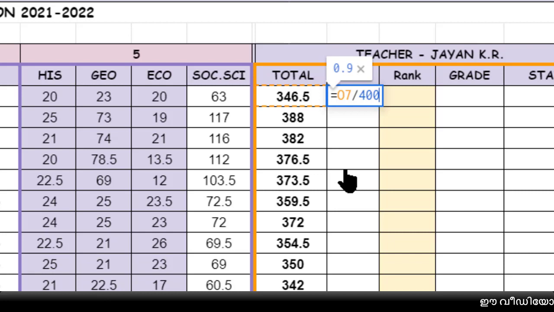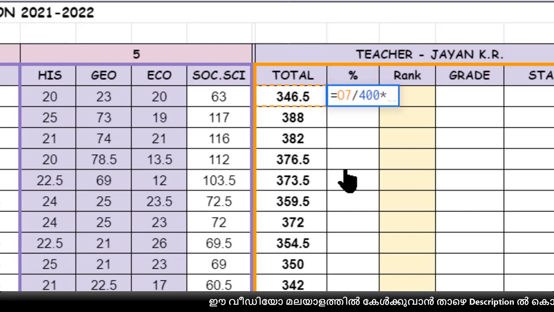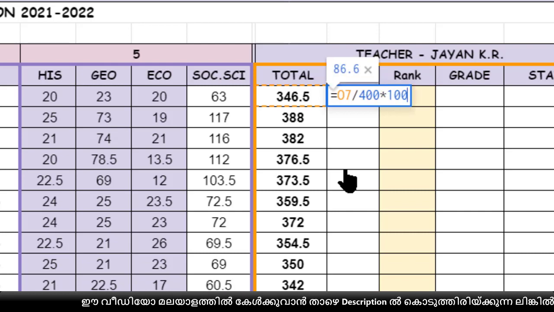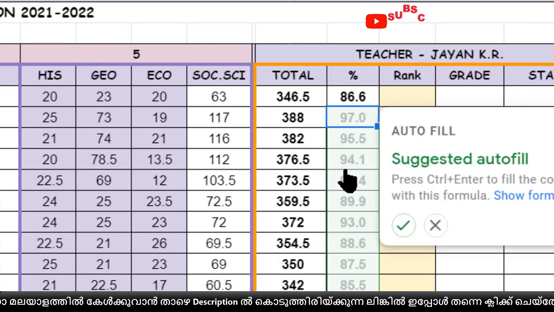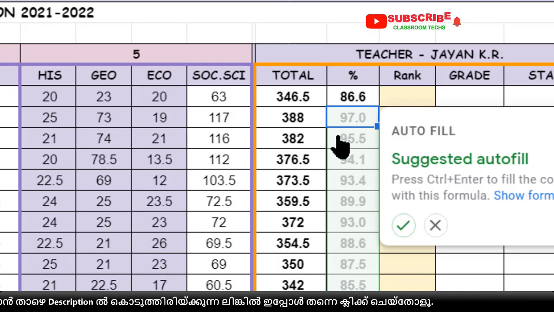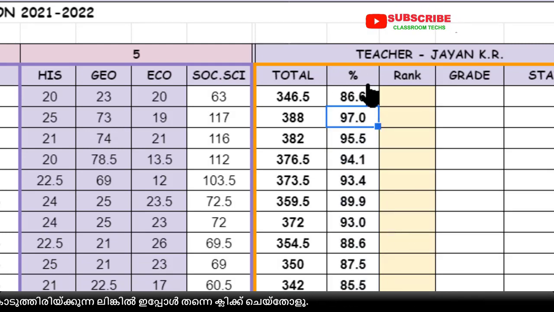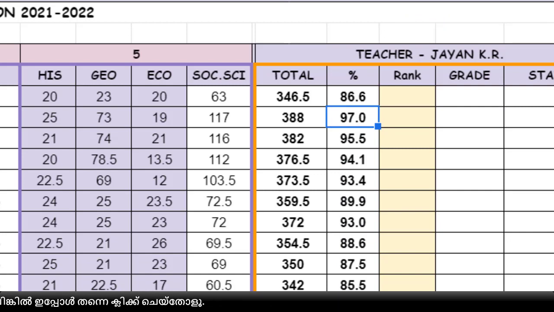Then to get the percentage, into 100. Then enter simply. Now we are getting the percentage for all the students except this. Very easily we got the percentage of the children.